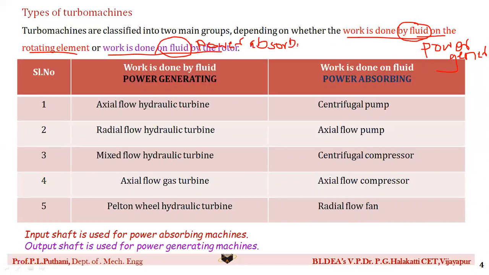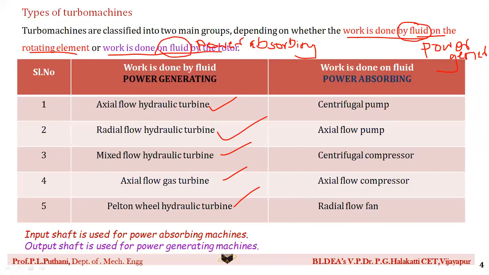As I was telling you, if the work is done by the fluid, they are power producing or power generating machines, that is all kinds of turbines, it may be hydraulic turbines, gas turbines, steam turbines. If work is done on the fluid, all kinds of pumps, compressors, fans, blowers are examples of power absorbing machines.